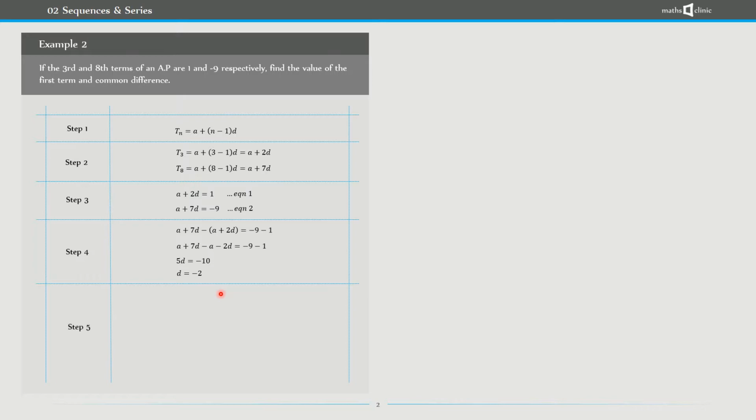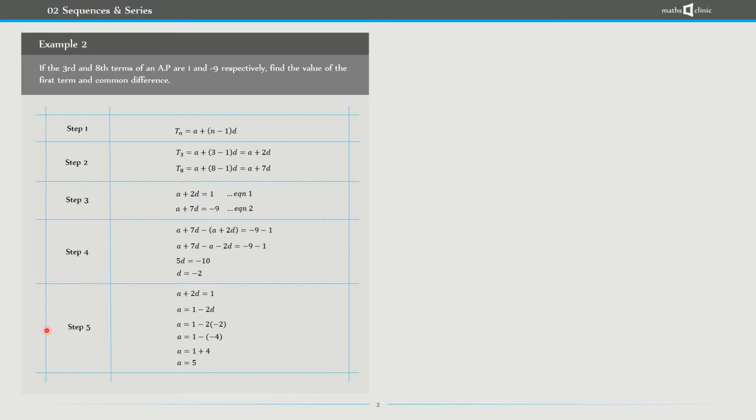Now to solve for the first term, we substitute minus 2 for d in any of the equations here. We have that a plus 2d equals 1, so a equals 1 minus 2d, and finally you'd have that a equals 5, and that is how you solve that.